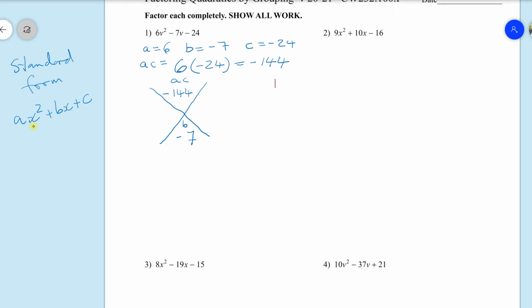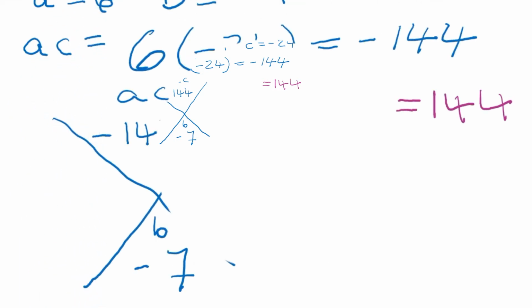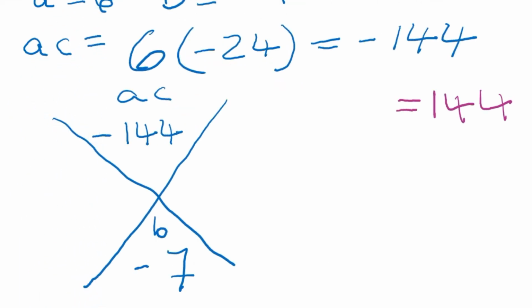We're going to go through all these factors until we get the ones that will give us -7. I know it says -144, but I'm just going to do it without the negative first, just to get close, and then I zero in on what I need to do.